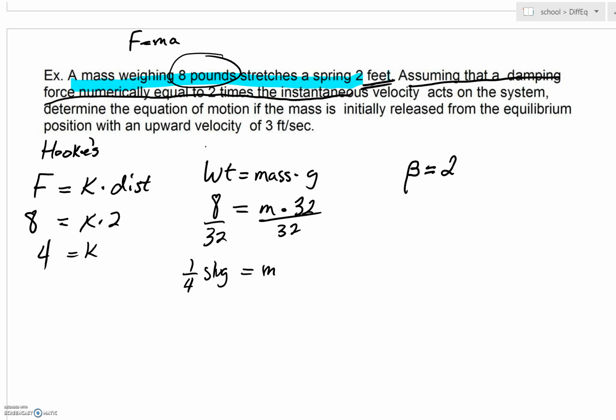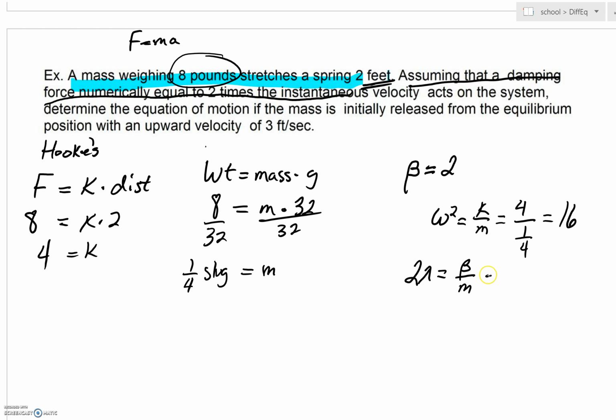You might remember what omega squared was. Omega squared was k over m. We've already found that k was 4 and m was 1/4. Dividing by 1/4 is the same thing as multiplying by 4, so you'd get 16. And then you might remember what 2 lambda was. 2 lambda was beta over m, by definition.